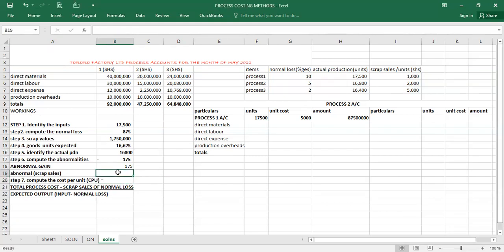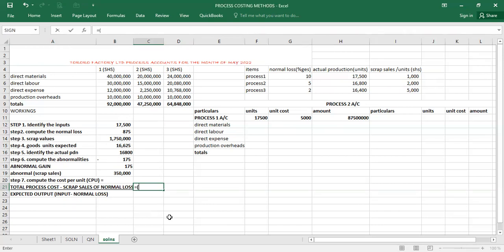So we are on this one. This one will be equal sign this. We multiply it by the selling price, which is giving us that figure. So we get our unit cost from here. Since we are using this one, it will be equal sign.